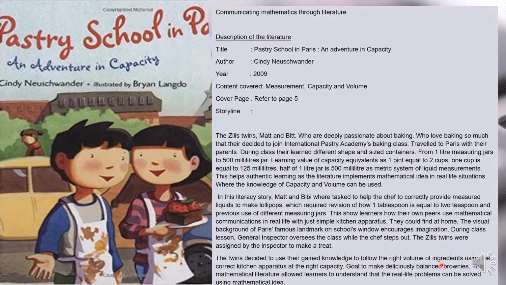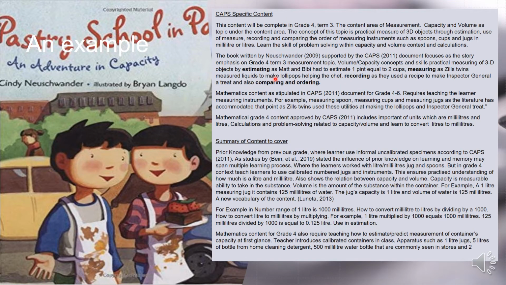The goal was to make deliciously balanced brownies, and this mathematical literature allowed learners to understand real-life problems that can be solved using mathematical ideas. Now, the specific content of CAPS.